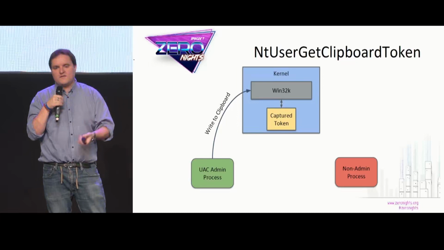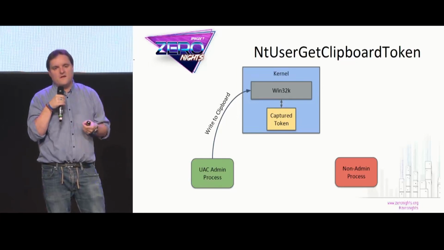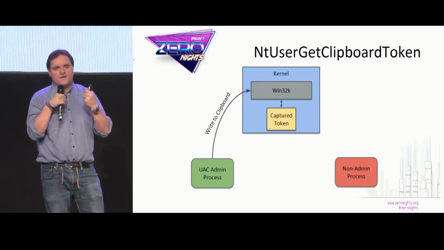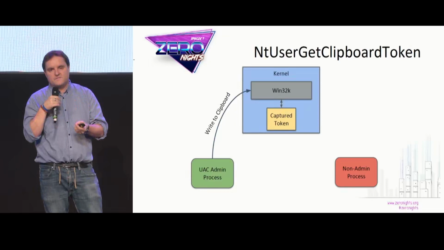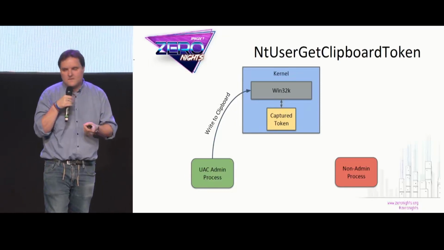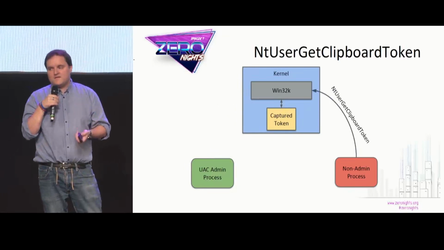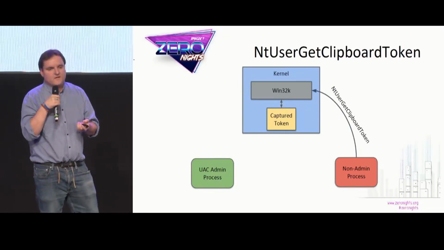So take, for example, an admin process. If an admin process writes to the clipboard, then Win32k will capture a reference to that token, so a reference to the admin token. But then there's a system call, NtUserGetClipboardToken.